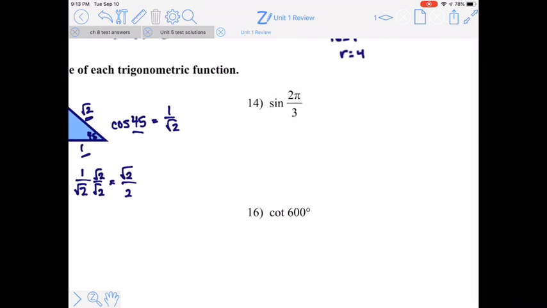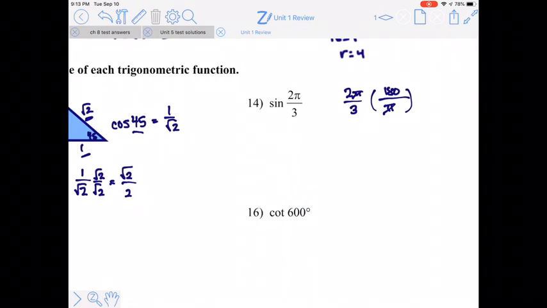Question 14, 2 pi over 3. The angle measure of 2 pi over 3 is in radians. If it's easier for you, you can convert radian measure into degree measure by using the conversion factor 180 over pi and then simplifying.